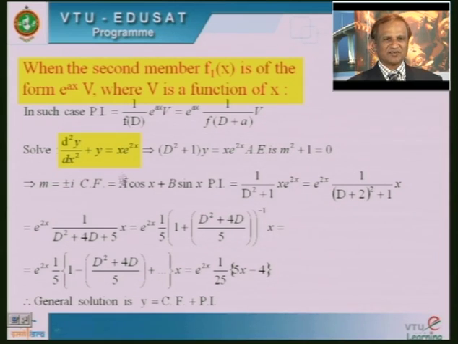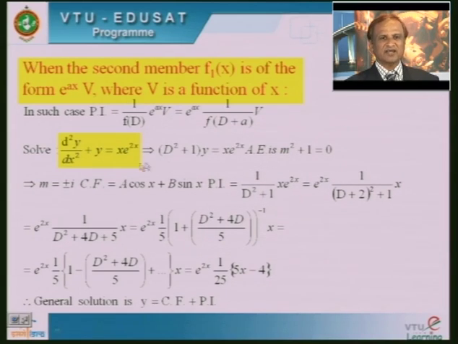That is why I have not written it. a into cos beta x, and I have not written beta because beta is equal to 1, so 1 into x. In exactly the same way, b into sin beta x, with beta being 1. So we obtain the complementary function.